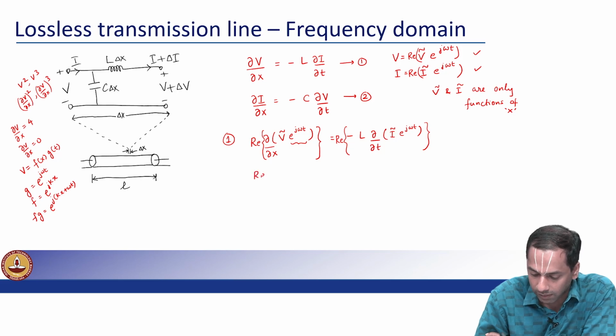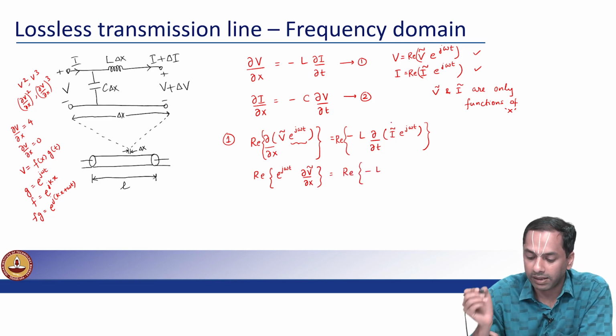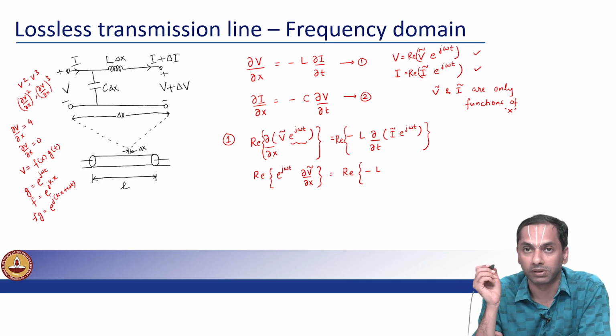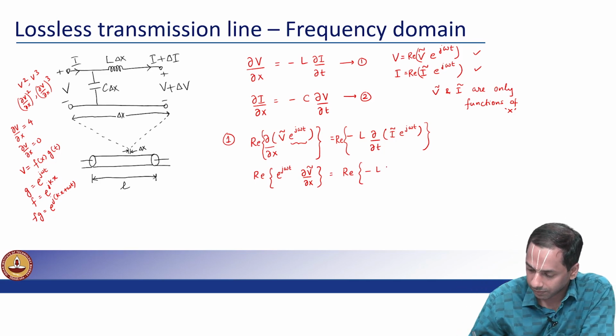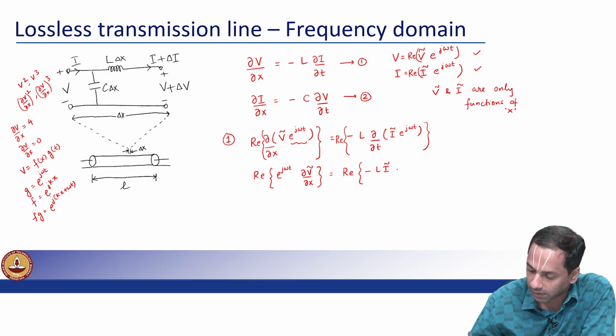So I just have real part of e to the j omega t ∂v tilde/∂x is equal to real part of minus L. So remember, i tilde is not a function of t, it's only a function of x, so I can pull that out, and the time derivative acts only on the e to the j omega t, which brings down j omega and e to the j omega t.